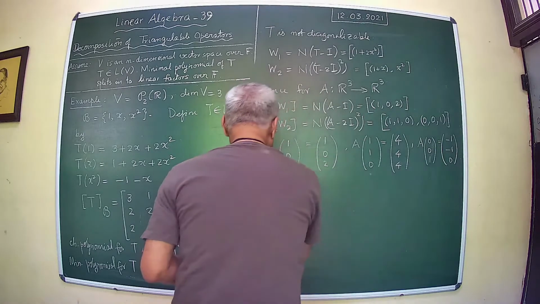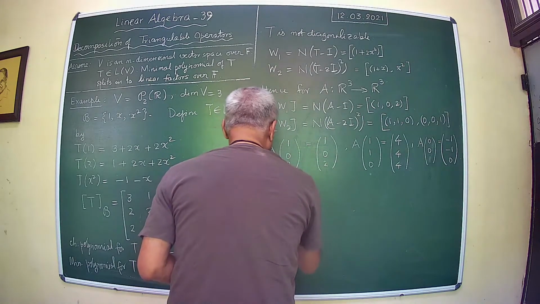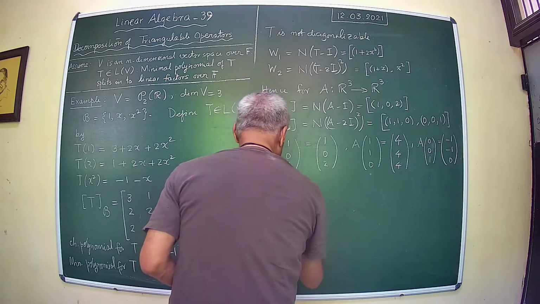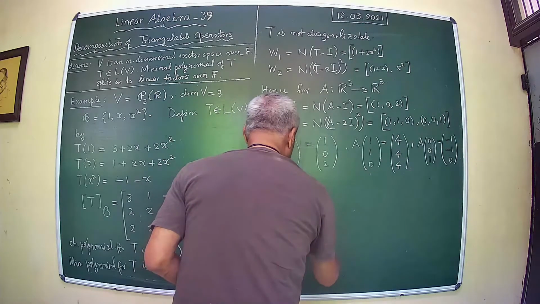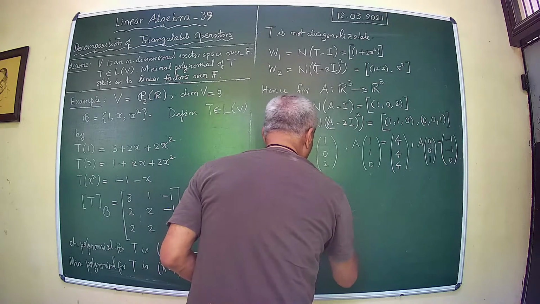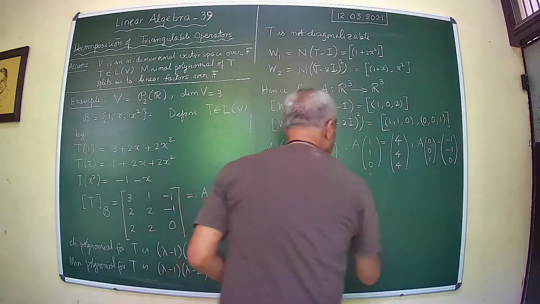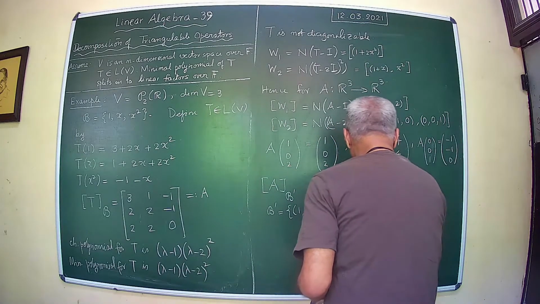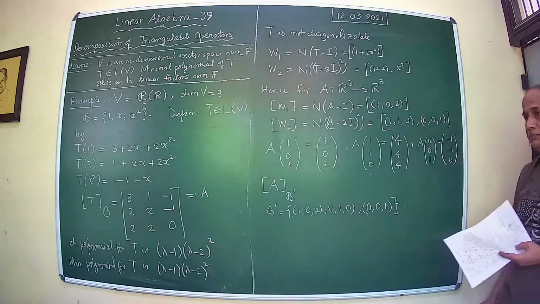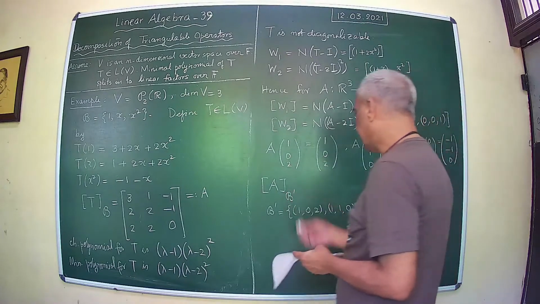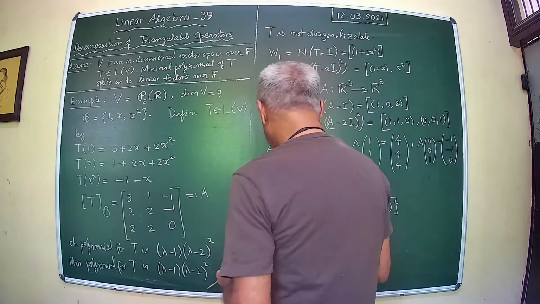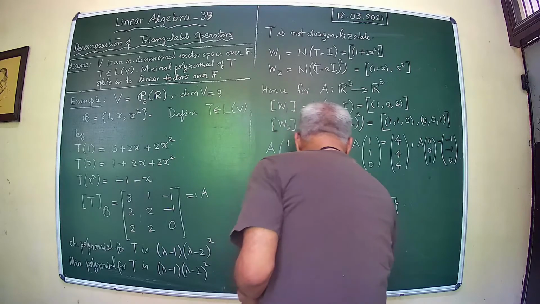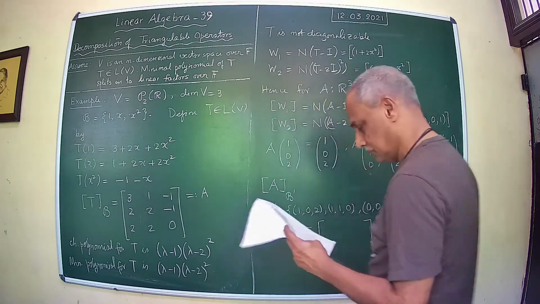Therefore we write the expression for A with respect to B prime, where B prime is the ordered basis 1 1 0 and so on. In that case, A becomes the following.